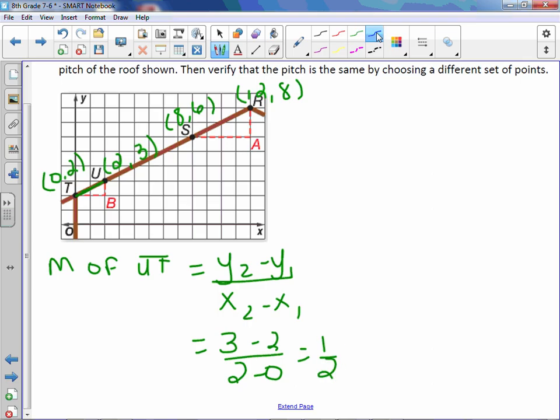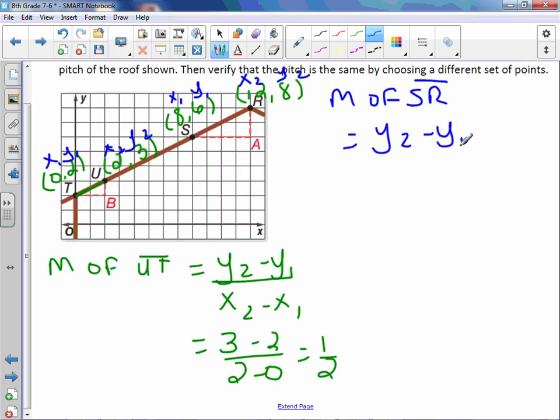Now let's check this by finding the slope of another 2 points. We'll use S and R, so slope of SR. And I'm just going to say this would be our x1, y1, x2, y2. Our formula is the same, y2 minus y1 over x2 minus x1.